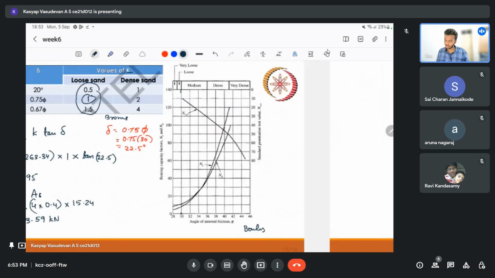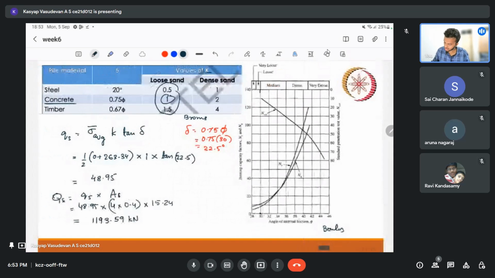Now if we just add the both, QU is equal to QUP plus QS. This will be 2036.28, let us say. Okay. Now this is the estimate.